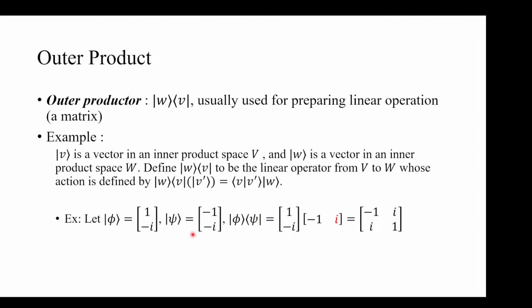And psi bra once again is the conjugate transpose of this psi ket, so it's (-1, and the minus i becomes i). The outer product with our notation is just these two matrices multiplied together, and then you see that it becomes a 2 by 2 matrix, because the first row is 1 times (-1, i), and the second row is -i times (-1, i). Okay.